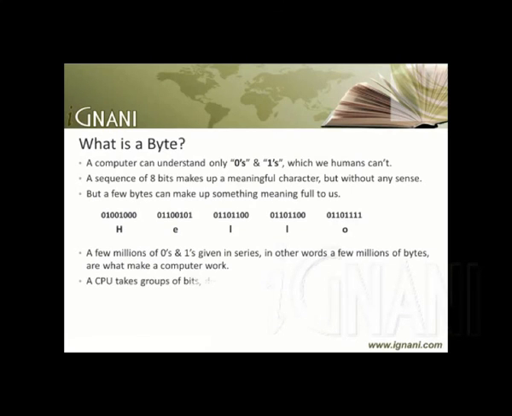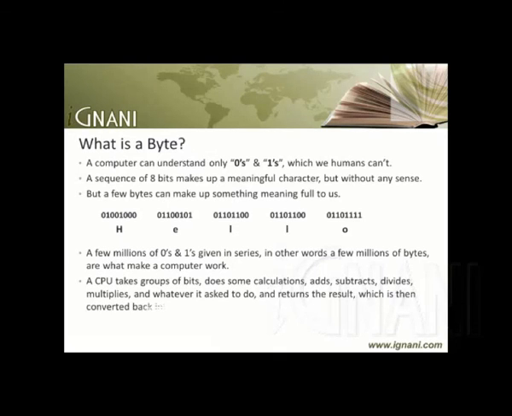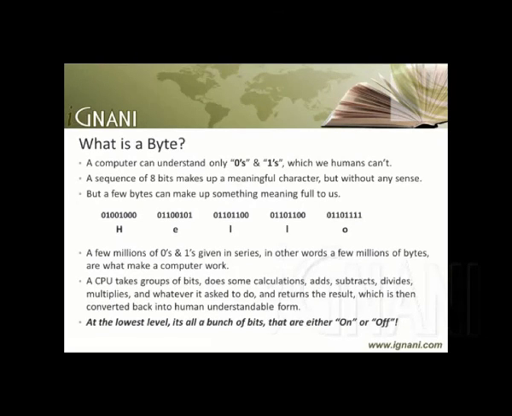A CPU takes groups of bits, does some calculations, adds, subtracts, divides, multiplies, and whatever it is asked to do, and returns the result, which is then converted back into human understandable form. But at the lowest level, everything is simply a bunch of bits, things that are either on or off.